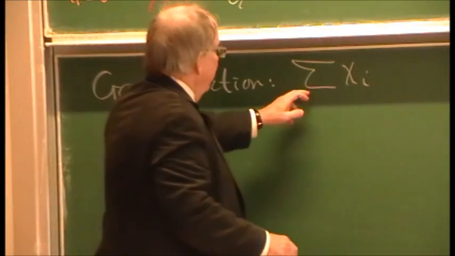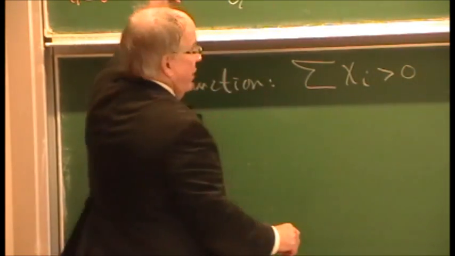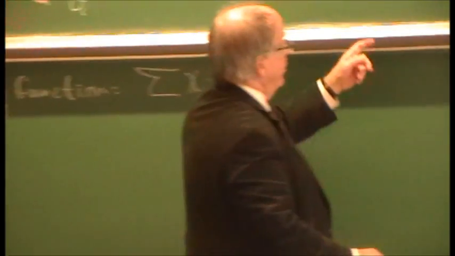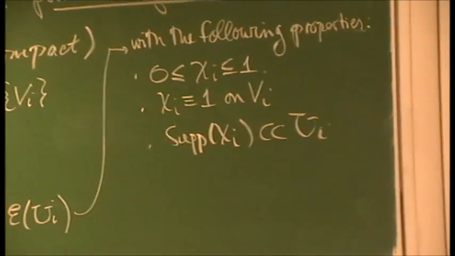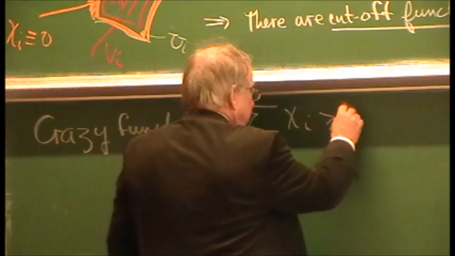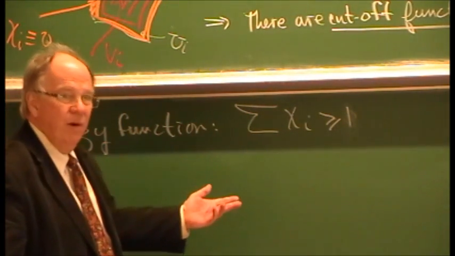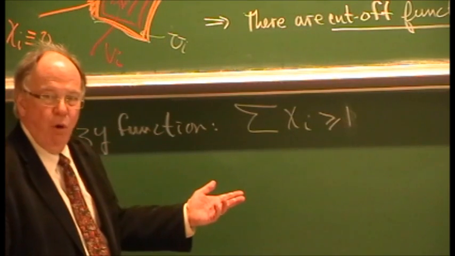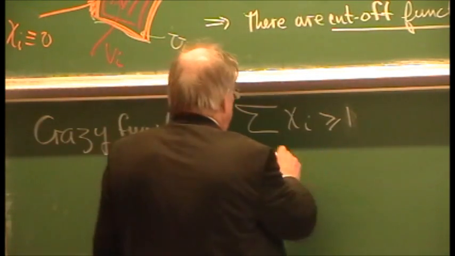Second of all, this thing is obviously positive everywhere because it's 1. You see this function is 1 on the V's, and the V's still cover. So it's bigger than 1 actually. Well, let me just write that here. Well, it's probably, okay, bigger or equal 1. Okay, it's some crazy function. I have no idea what this function looks like. I mean, it must be horrible. But it's smooth. And maybe let's call this function f.